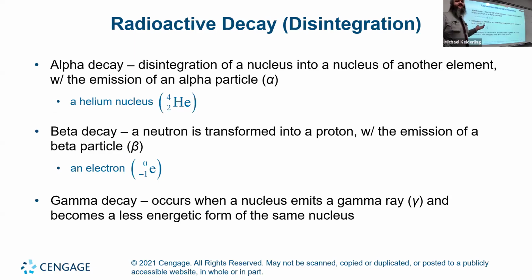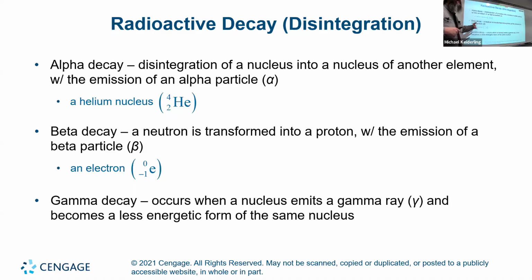In alpha decay, this is the disintegration of a nucleus into a nucleus of another element with the emission of an alpha particle, which spits out a helium nucleus, which is 4 nucleons, 2 protons, and 2 neutrons. Beta decay is when a neutron is transformed into a proton with the emission of a beta particle.